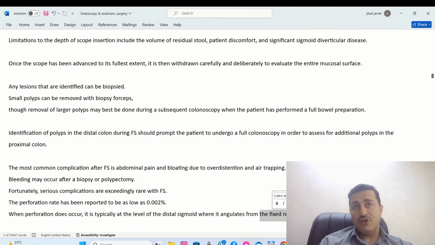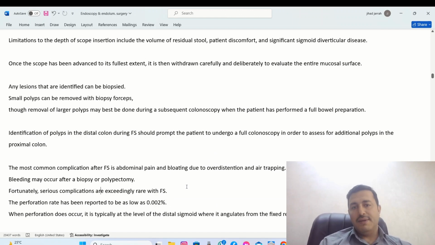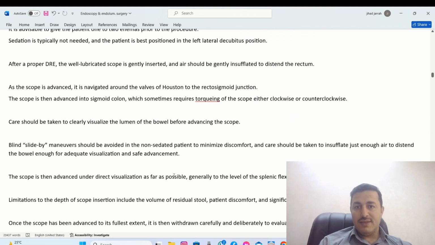The rectosigmoid junction is the most common site of perforation, but it is rare. You can see it's 0.002%, very rare. Bleeding can happen. It can be due to iatrogenic injury to the mucosa, or can be due to the procedure we already performed.